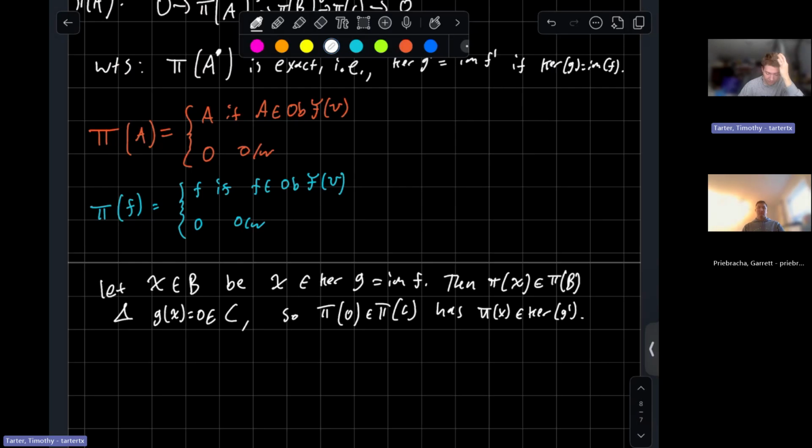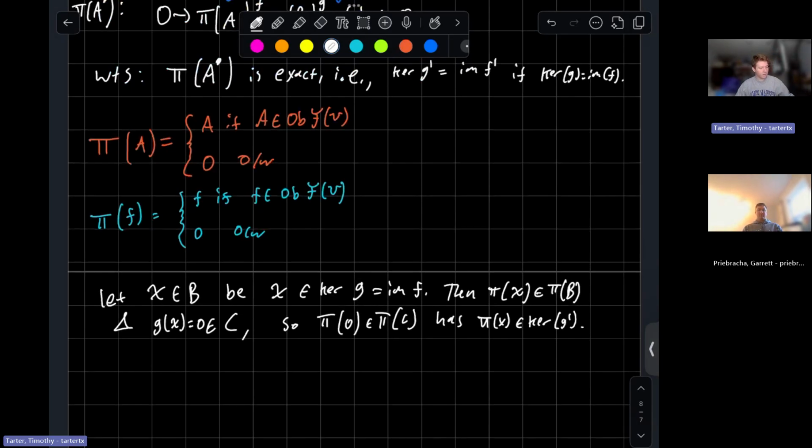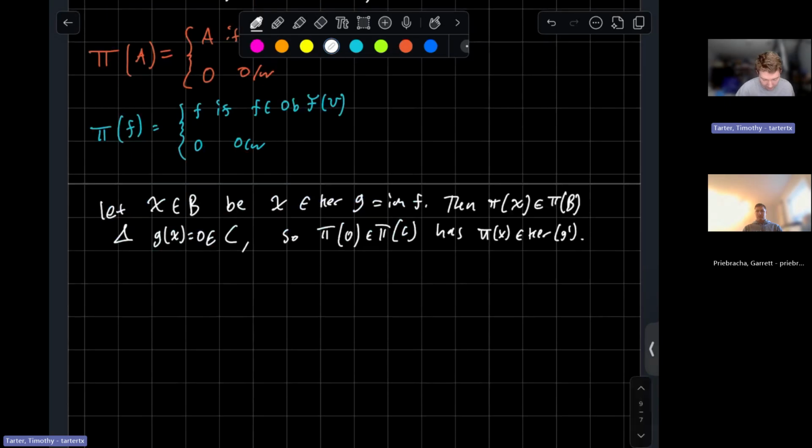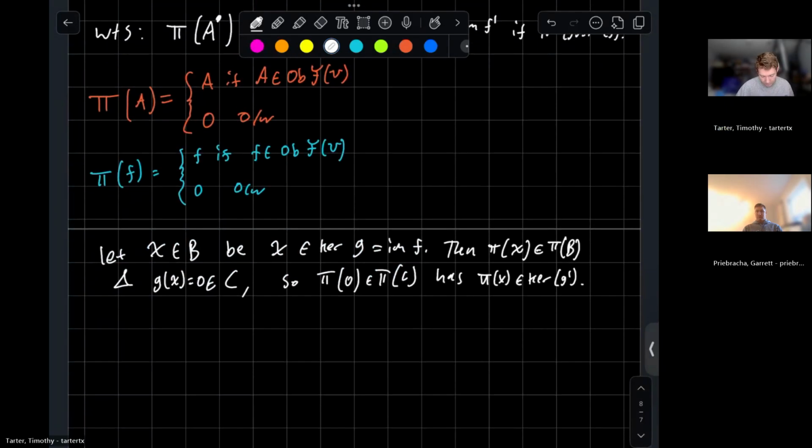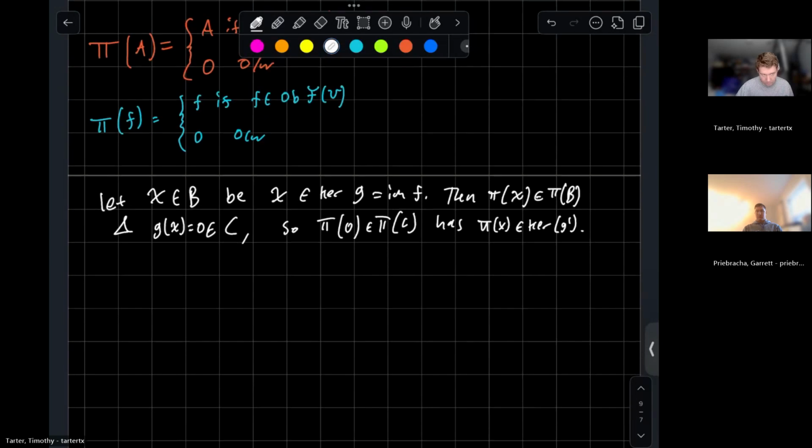So π of X is in the kernel of G prime. And then we want to show that that's in the image of F. And then we'll want to do it the other way around.